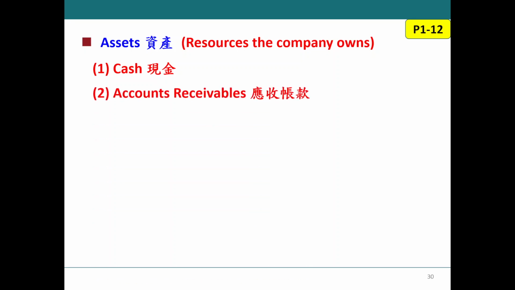Accounts receivable, 应收账款. Accounts receivable, 应收账款, is the second very important asset we have. So what does it mean? Accounts receivable, 应收账款. When you do the business with customers, for example, Apple company sold iPhone 16 to customers, right?